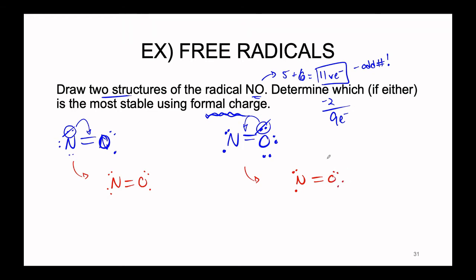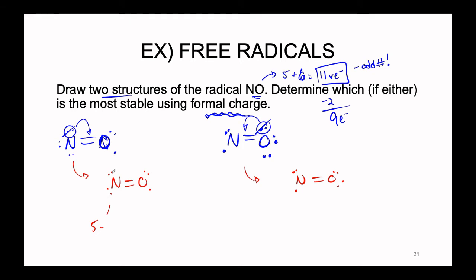So let's determine what the formal charges are to really double check which of these 2 options is going to be the best option for the molecule. All right, well, nitrogen normally has 5 valence electrons, and we're just going to follow the same method that we've used before in our previous example.